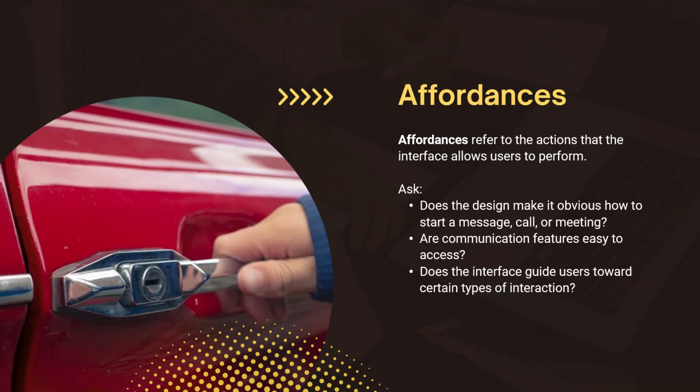I want you to look closely at how the interface suggests these actions, and then ask yourself, does the design make it obvious how to start a message, a call, or a meeting? Are communication features easy to access? Does the interface guide users towards certain types of interactions?